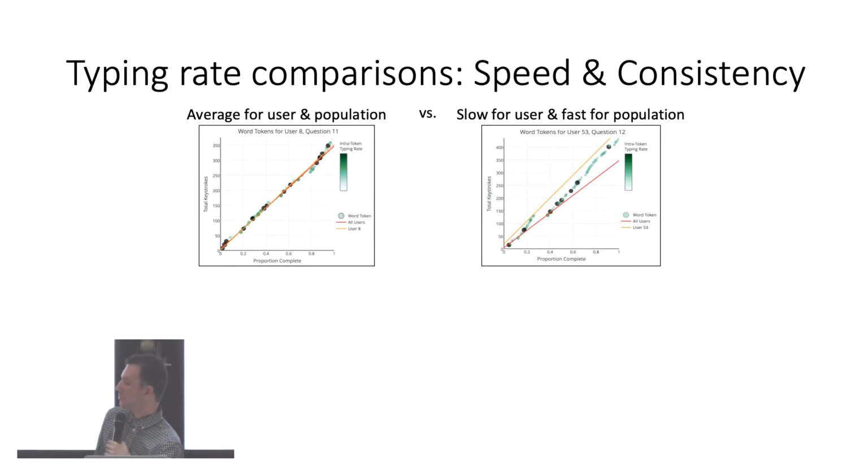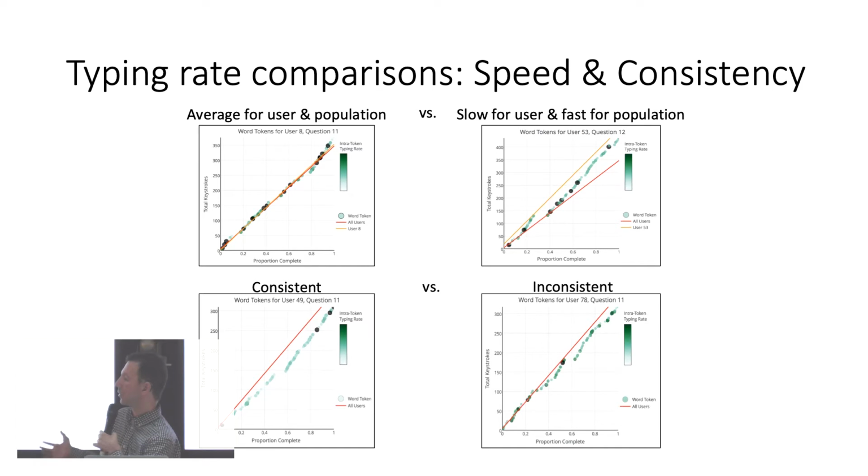So here are some interesting comparisons. On the left, this typist is totally average, both within all of their own typing sessions and also compared to the population, whereas the person on the right is really fast for the population, but really slow for them. So it gives you some meaningful comparison. In addition, you can also get a sense of consistency. A nice smooth slope points to a consistent typing rate, versus a more jaggedy, inconsistent typing rate.